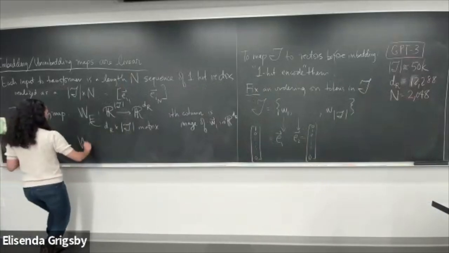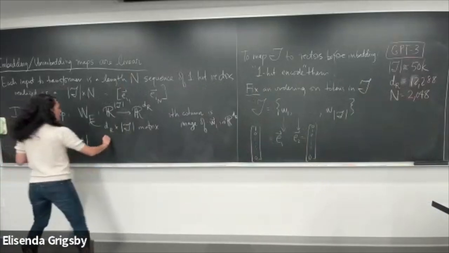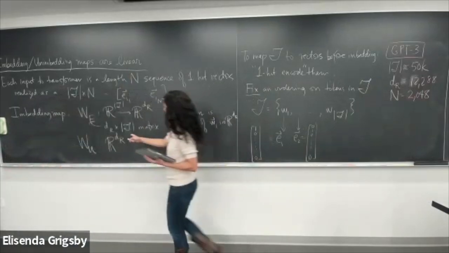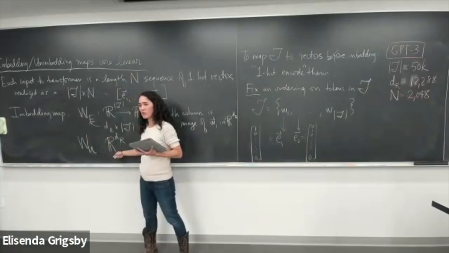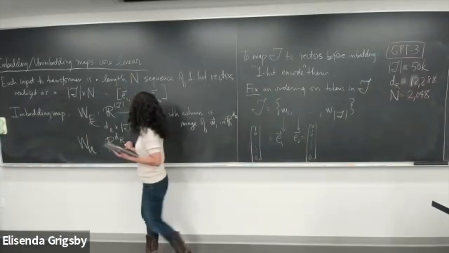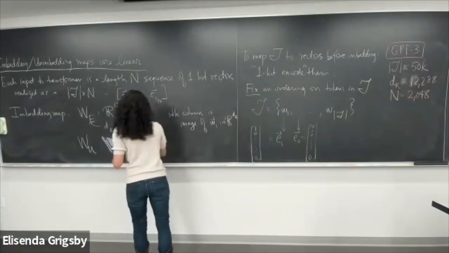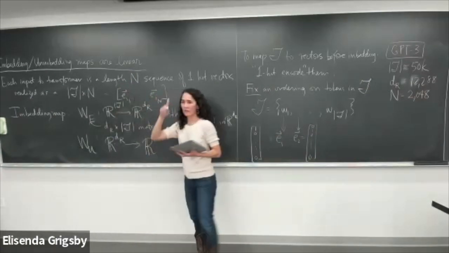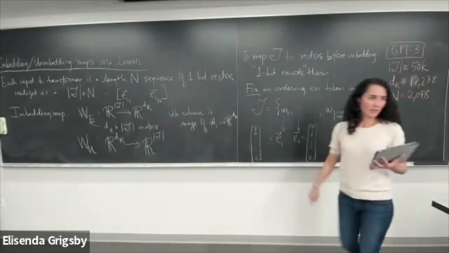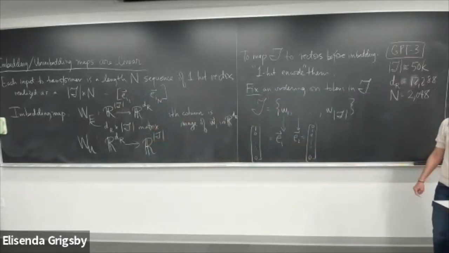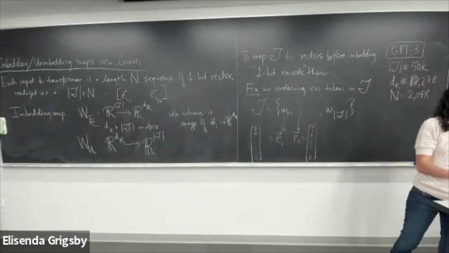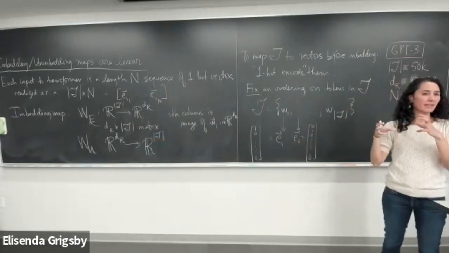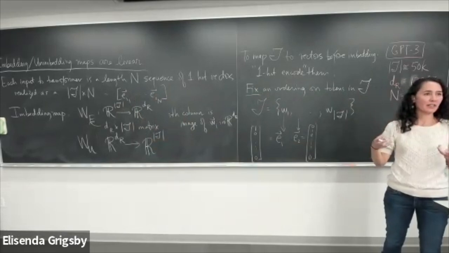And the unembedding map takes vectors in this residual stream back to linear combinations of these one-hot vectors. What we're supposed to imagine is that in the middle, the transformer has altered each of these embeddings in a way that takes into account the context.